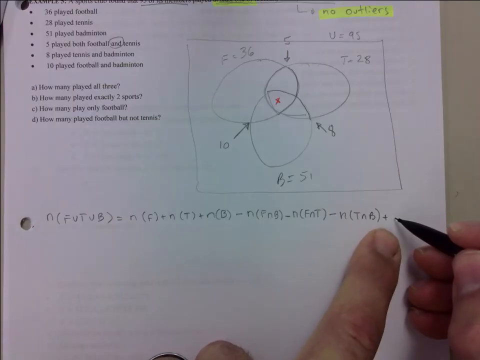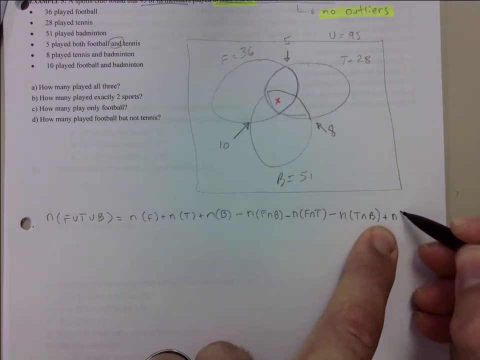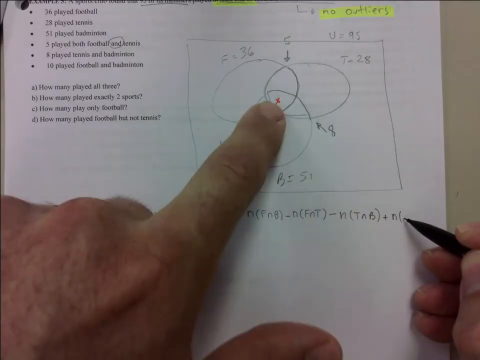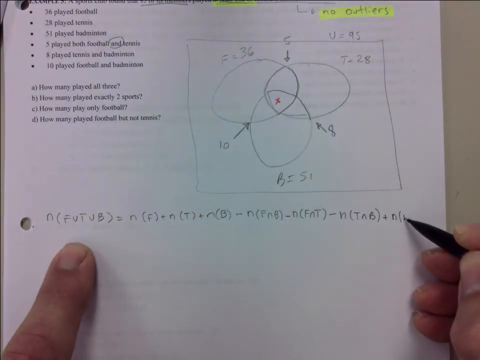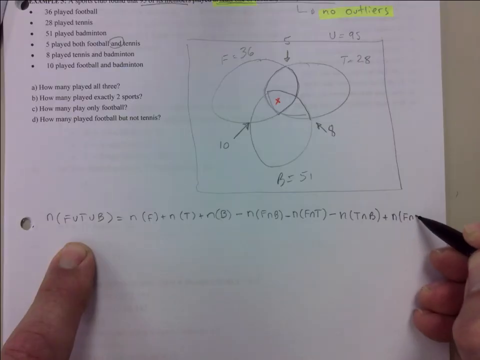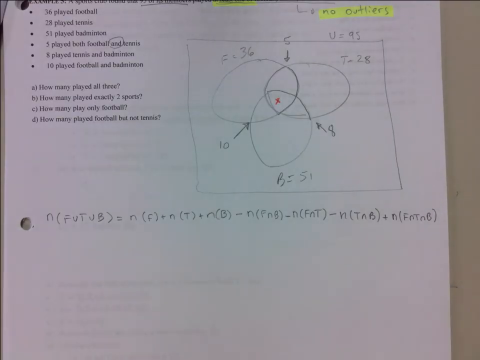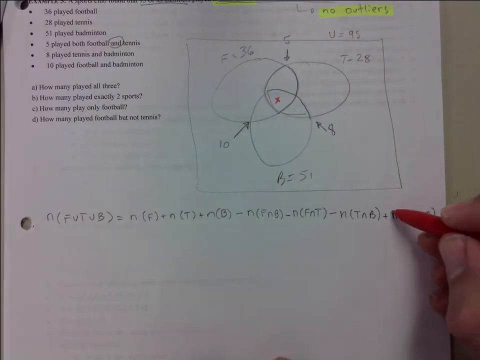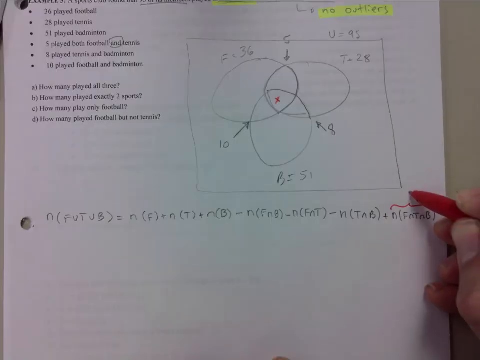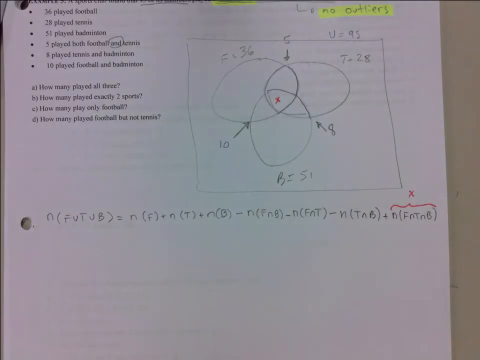Plus, at the very end, you need to add where they all meet at the very center, which is, we use this notation, F and T and B, right? They're the members that are participating in all 3, okay? This is going to be replaced with X moving forward.